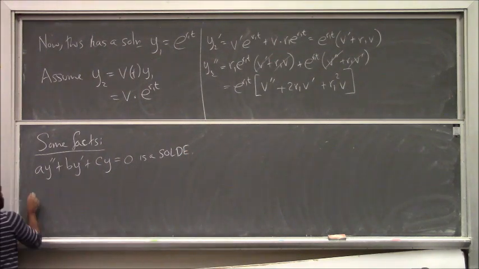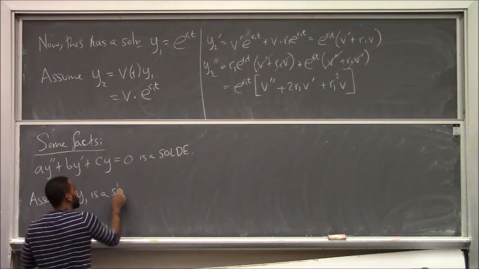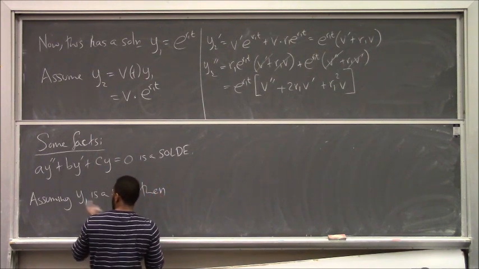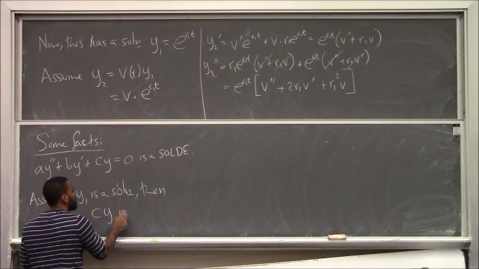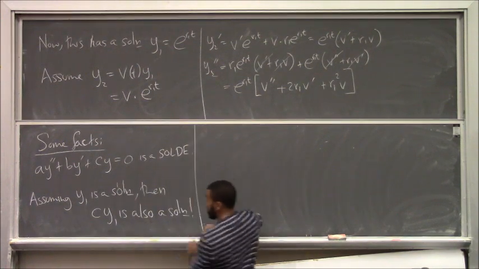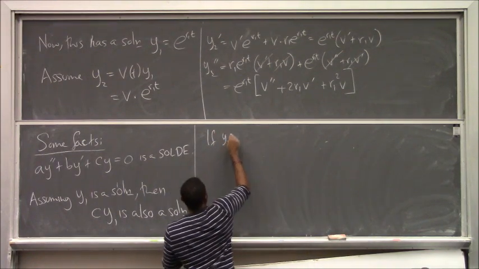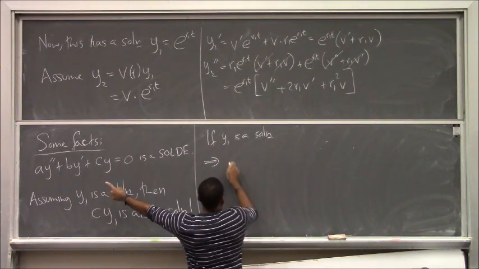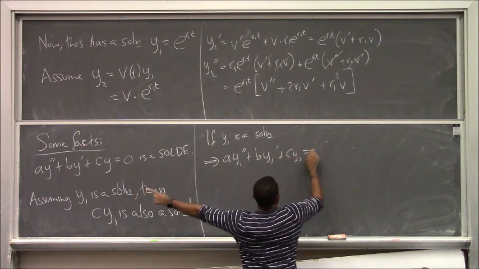Now, assuming y1 is a solution, then it turns out that any constant times y1 is also a solution. That is going to be the first important point. What does this actually mean? If y1 is a solution, that means that if I were to plug y1 in here, a y1 double prime plus b y1 prime plus c y1, I would get 0.